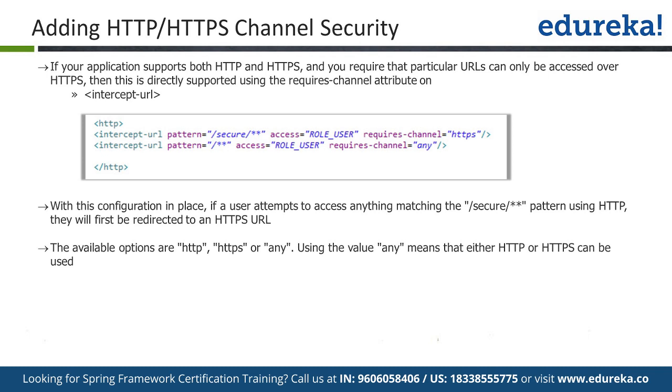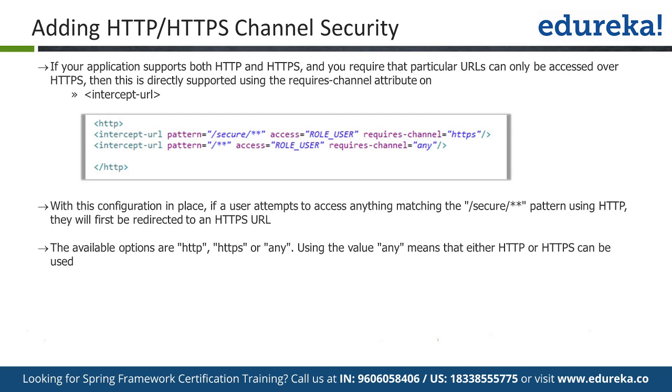So for example, for all the admin URLs, all the secure URLs, all the URLs ending with secure or ending with admin, you want those URLs to be only accessed through the secured protocol, that is HTTPS, and you want those URLs to be accessed by, let's say, role admin.